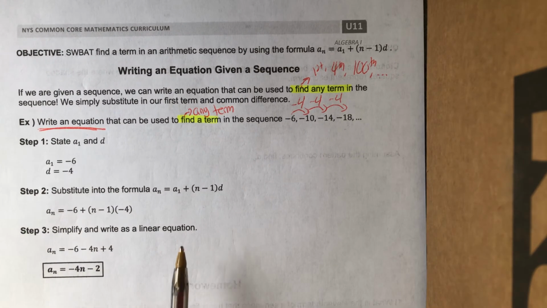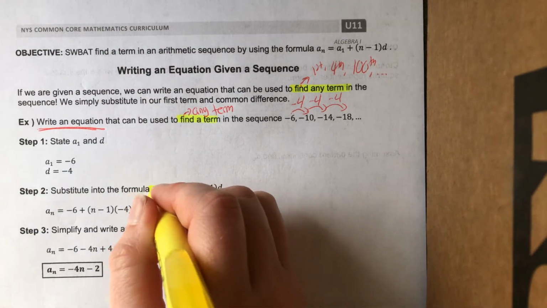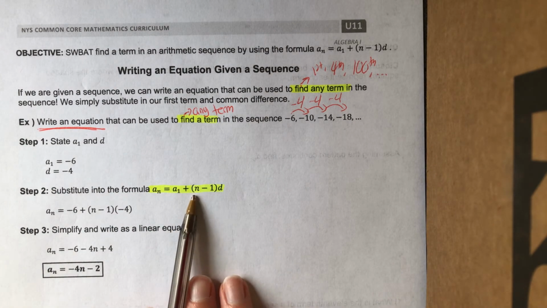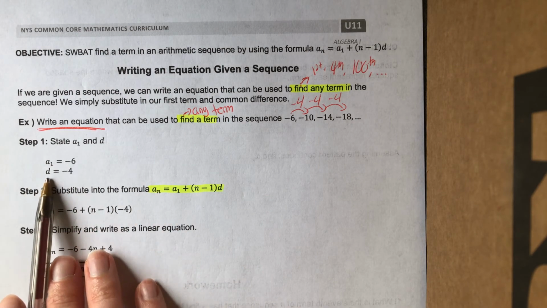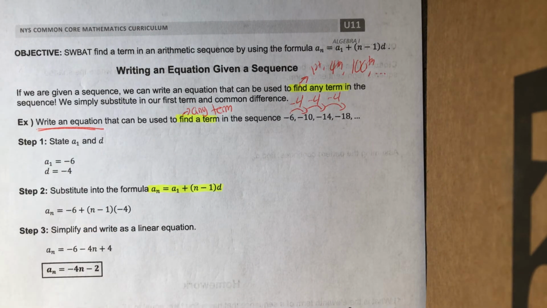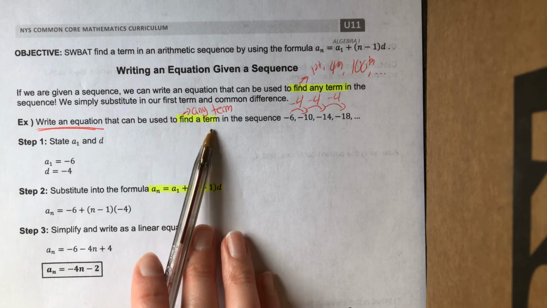So I know I'm going to use this formula in step 2. Let me highlight that. Since I'm using this formula, I only want to plug in the first term and d. I just want to leave n off for now, because it's not asking me to find the 5th term or the 100th term.